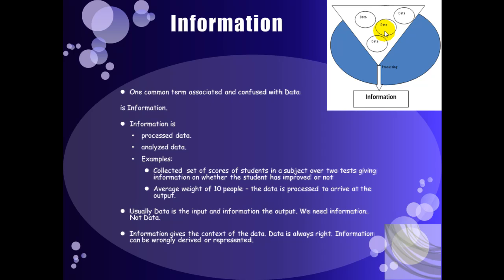A collected set of scores of students in a subject over 2 tests gives an idea of whether the scores are increasing or decreasing. The average weight of 10 people gives us an idea about the overall weight of the pack. So data is the input and information is the output.